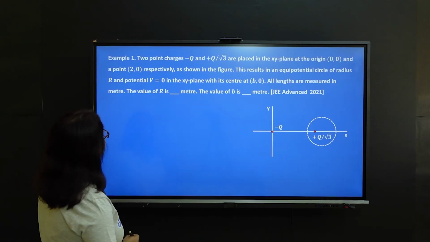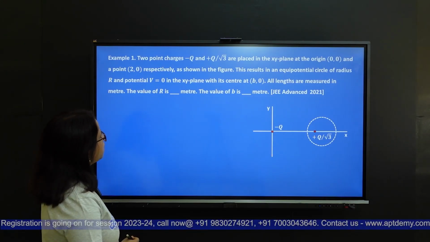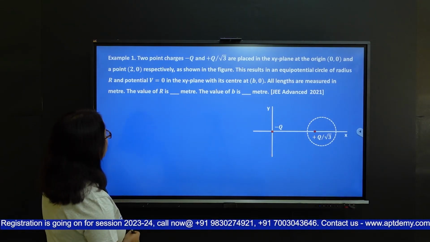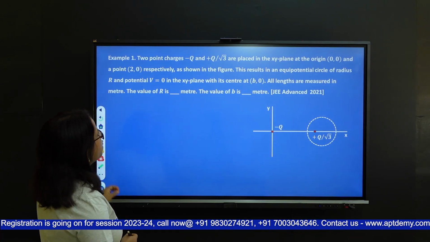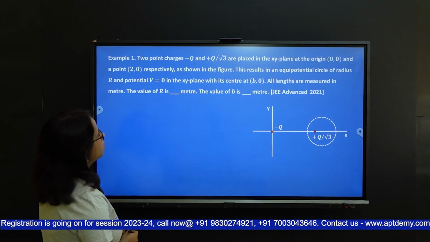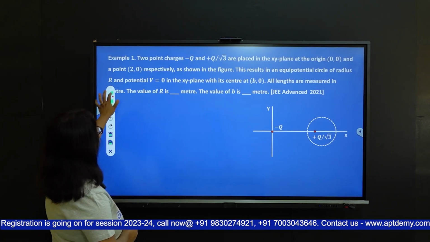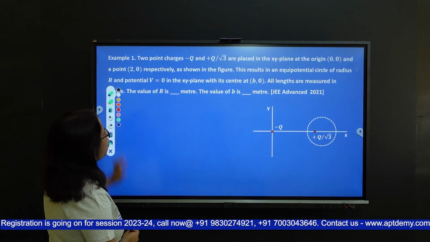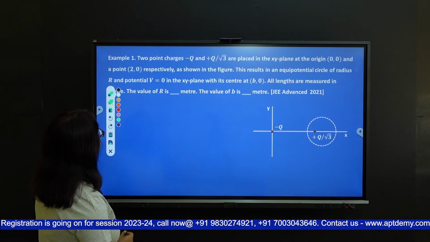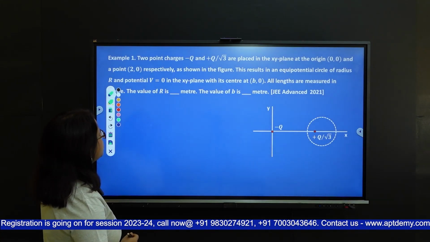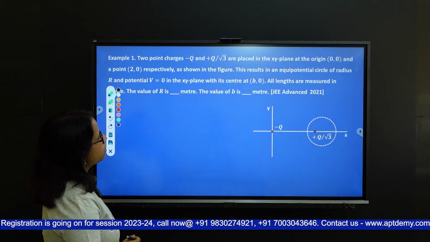So the first problem: two point charges, minus q and plus q by root 3, are placed in the xy plane at the origin (0, 0) and at a point (2, 0) respectively, as shown in the figure.